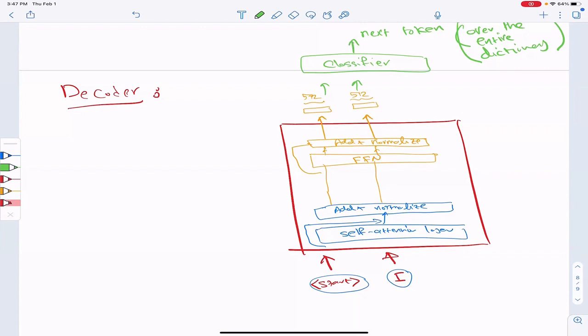Because the attention is about how each word is contributing to the other word's embedding. But here you're decoding one by one. So the future word or token that you are generating shouldn't really have influenced the embedding of the first word. So we need to impose some constraint on the attention. That is really easy. Basically, we are going to zero out the upper diagonal in the attention matrix.